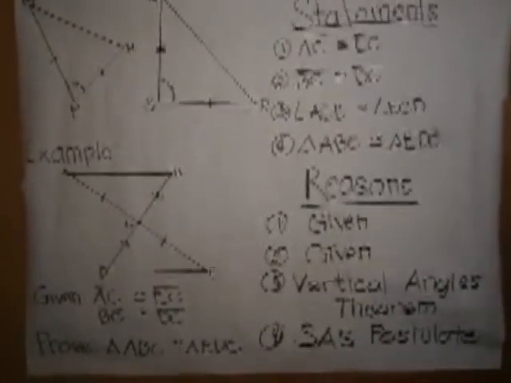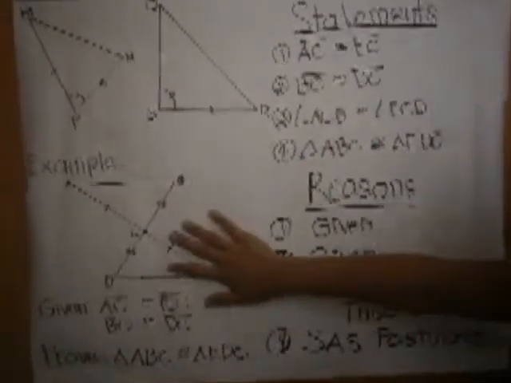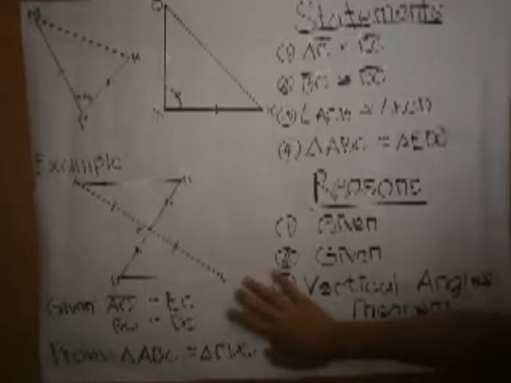Example. Here is our example. And the given is line AC is congruent to EC, and line BC is congruent to DC. And we have to prove that triangle ABC is congruent to triangle EDC.